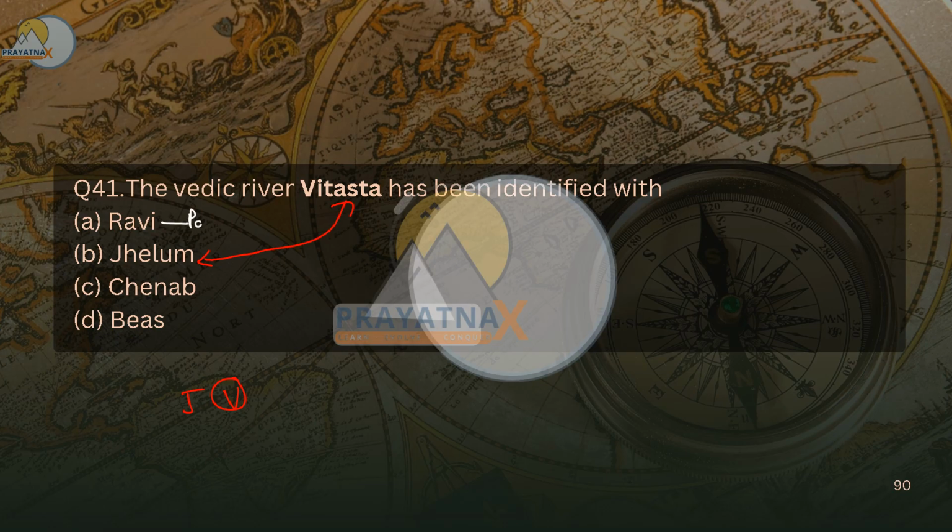It was Parushni. Now, which river was related with AC? It was Asikni. Now, Bias had bad vibes with which river? It was Vipas.